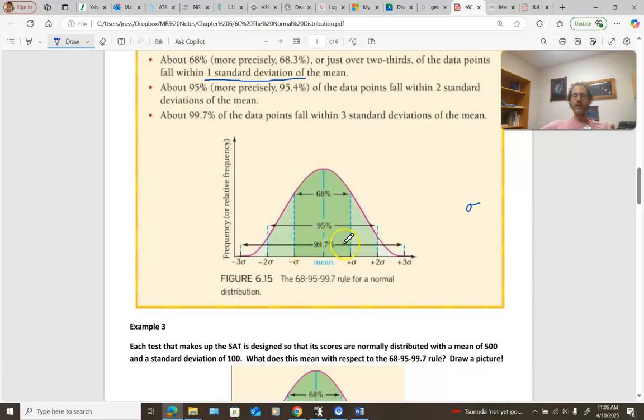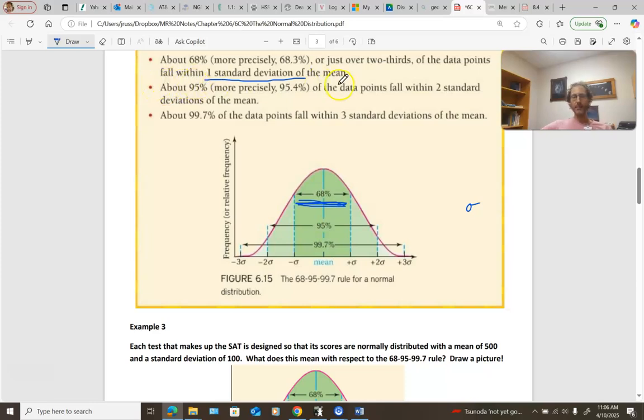So you can see right here in dark green, from one standard deviation below the mean to one standard deviation above the mean, we've got 68% of our data. Then look at the second bullet point.